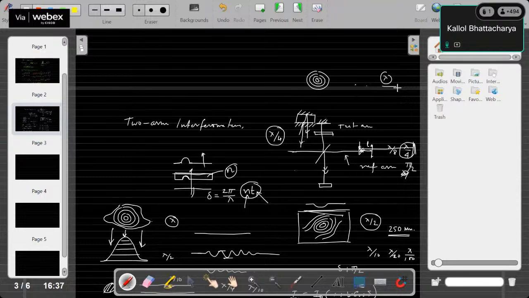How many fringes you would need to shift by 1 meter is actually the number of wavelengths in 1 meter. Now, a physical 1 meter bar, whether it is made of invar or whatever it is, can expand or contract, it can break. But if you describe it in terms of number of wavelengths, it is a quantity which can never change. If you specify the wavelength, then it is fixed.